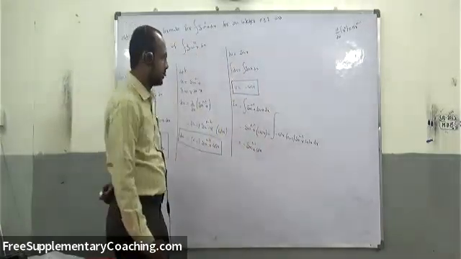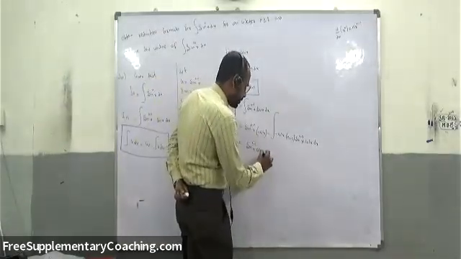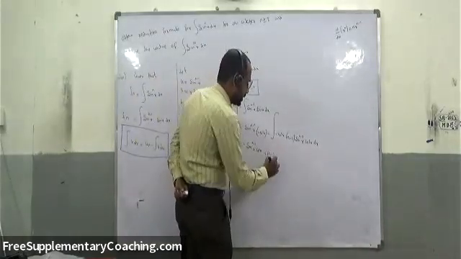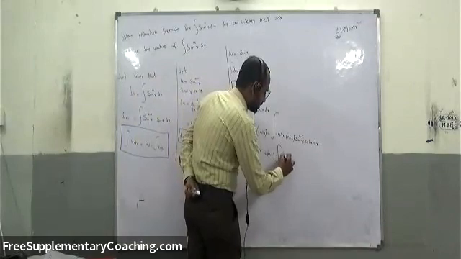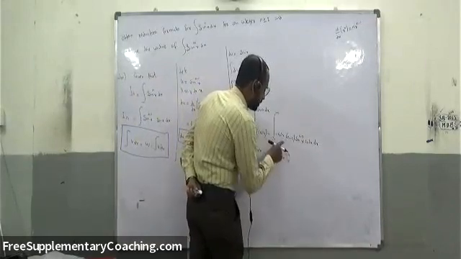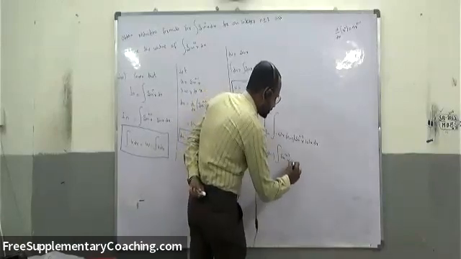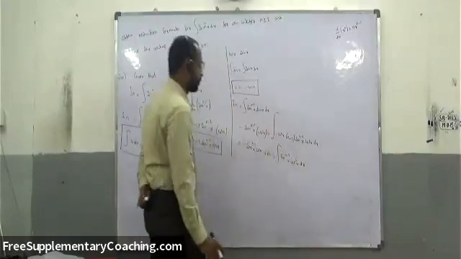Then minus into minus gives plus, and in the bracket n minus 1, integration of sine power n minus 2 x cos x into cos x, cos square x dx.